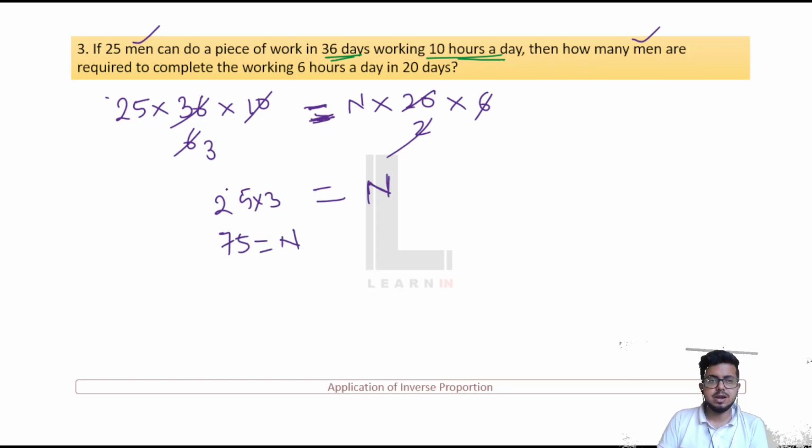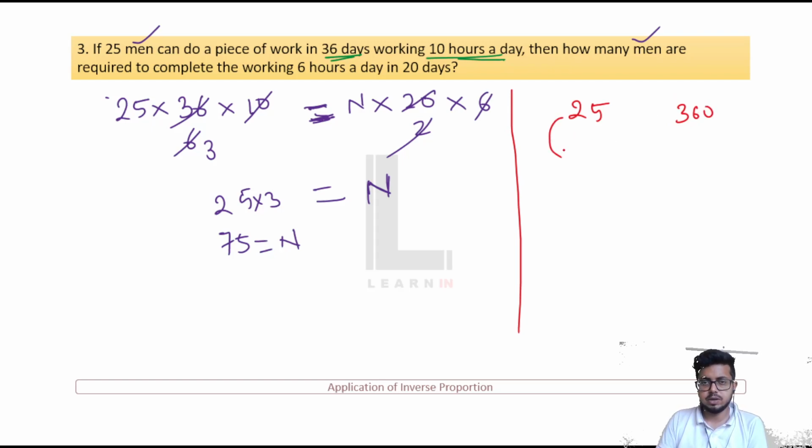Now let us try to apply the shortcut method. How will we do it? Now we have two entities here. We could have written this as 25 men and the number of hours they have taken, so 360 hours in the first case. Now for 25 men, we needed to find the number of men. Whether it would increase or decrease, we do not know. Now 6 hours and 20 days, so 120 hours we are taking as the time.